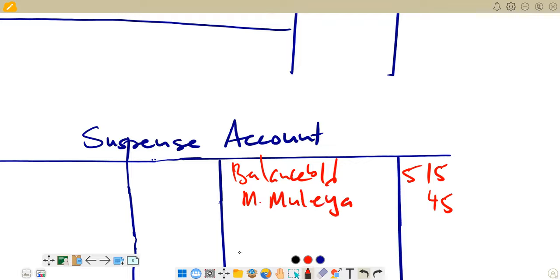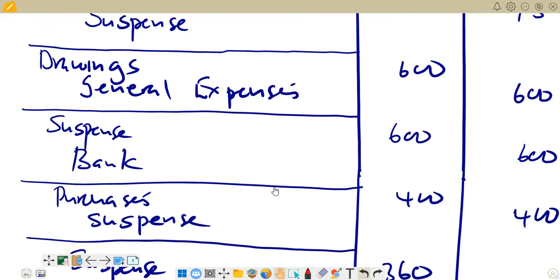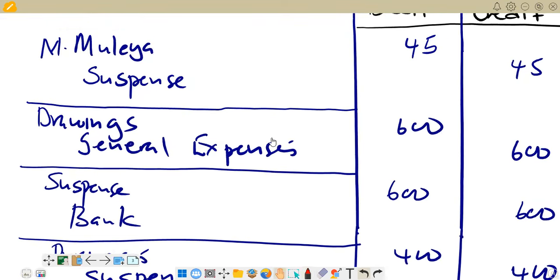You do the same thing to other accounts there that are affecting suspense in the journal. After 45, we are seeing that here we do not have any that is affecting suspense. There's no suspense being affected here. We skip that one. We come here, we have got suspense on the debit side. So you go to the debit side of the suspense and put the 600, and in the details part, you write the name of the other account, which is bank.